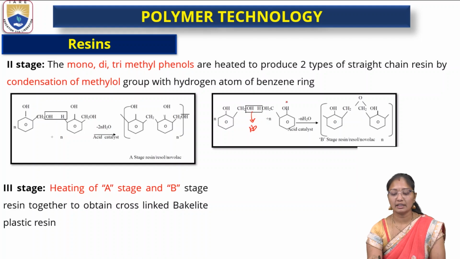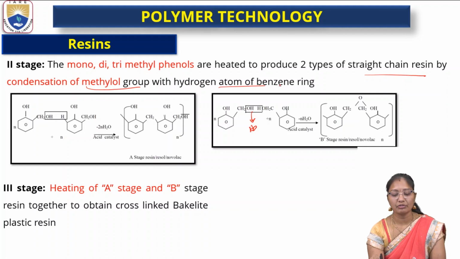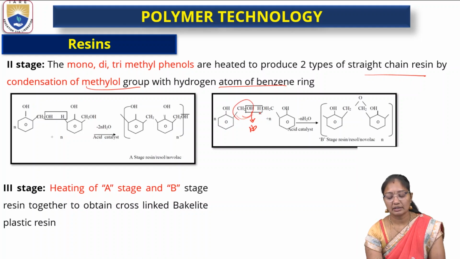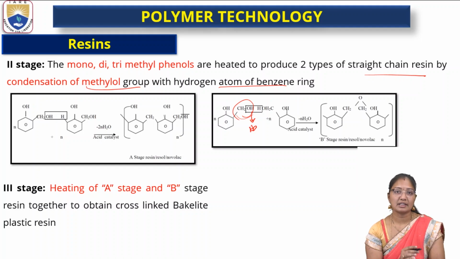Here they produce two types of straight chains by condensation of methanol groups with hydrogen atoms of the benzene ring. This is the methyl alcohol group. Then hydrogen on the benzene ring reacts with it, and a water molecule is eliminated, resulting in the formation of resol and novolac.